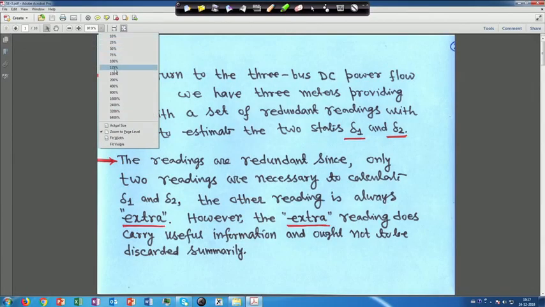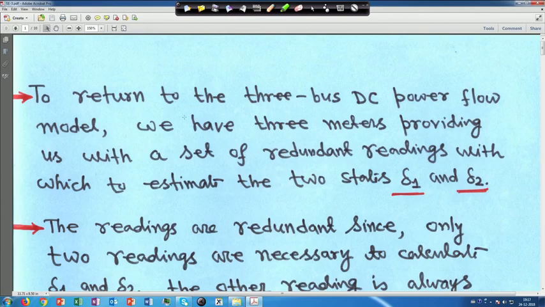Now, next we will go to this. If we return to the 3 bus DC power flow model, we have 3 meters providing us with a set of redundant readings with which to estimate the 2 states, that is delta 1 and delta 2.